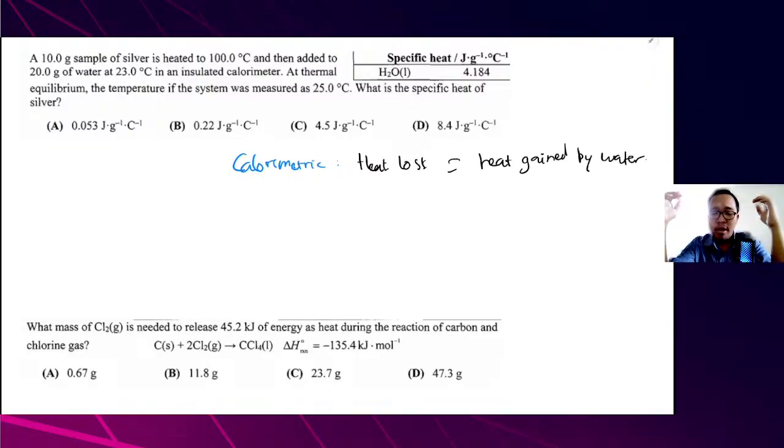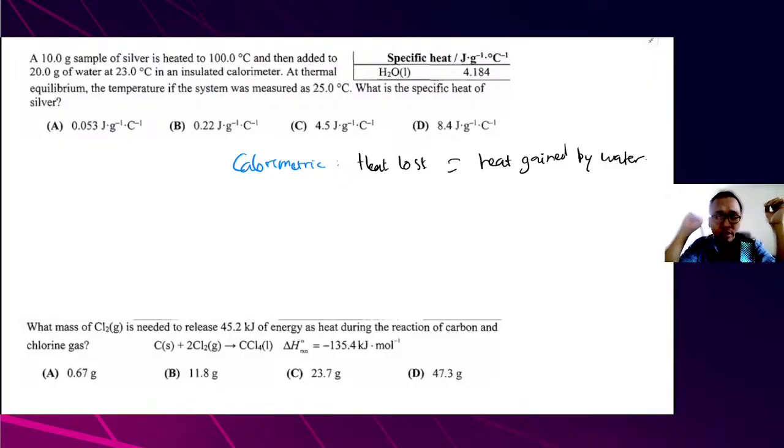So you have 10 gram of silver, you heat it to 100 degrees Celsius, and then add it to 20 gram of water at 23 degrees Celsius in an insulated calorimeter. At thermal equilibrium, the temperature of the system was measured as 25 degrees Celsius.